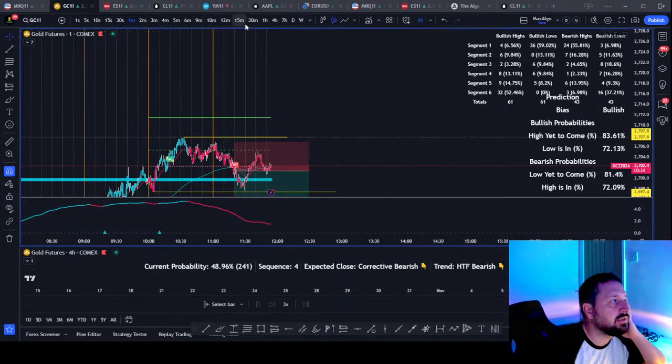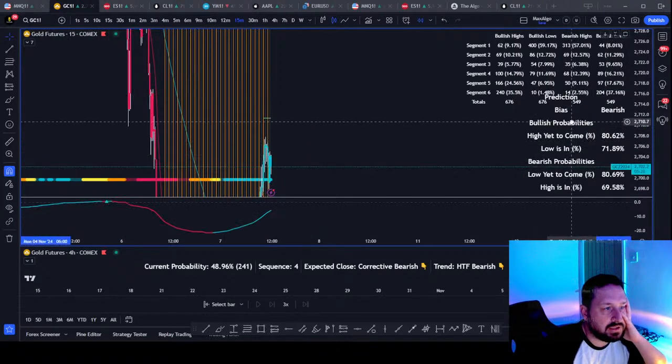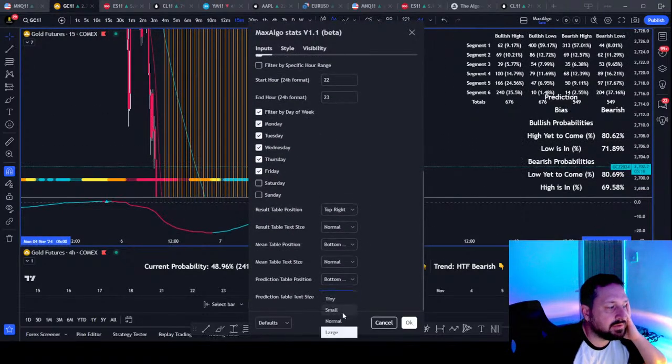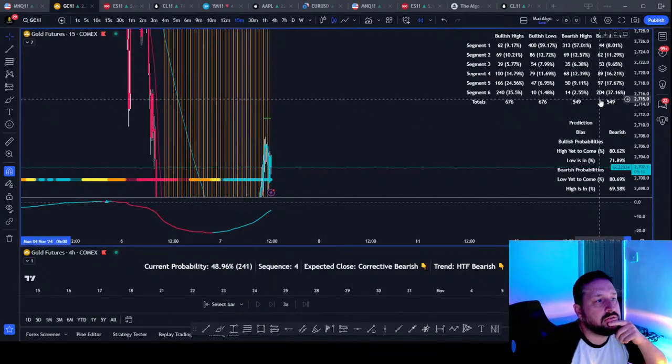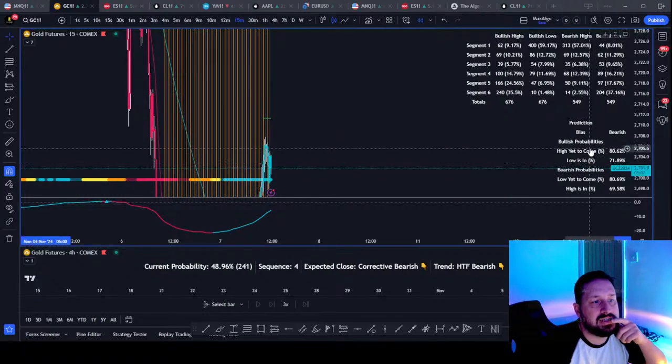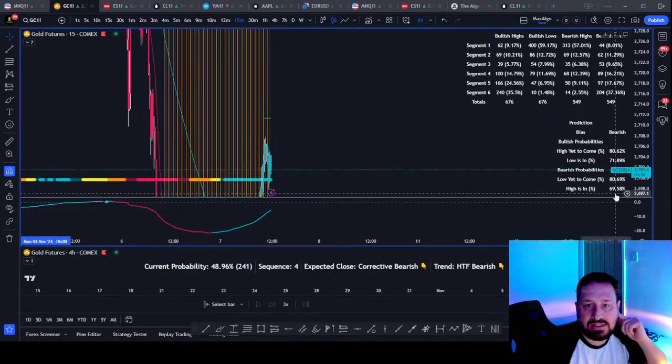So if we go up to 15 minutes and just lower our data, we can see in the last 2 segments it gives you a good probability, and we still have 80% of highs yet to come for bullish. So the lows are in at 71% and 70%, right?